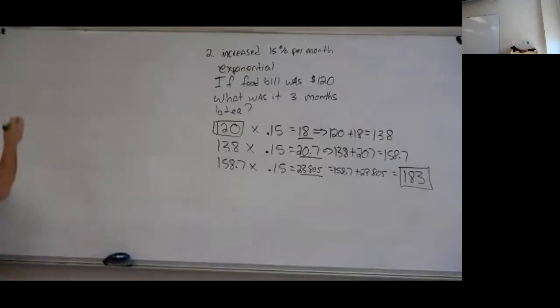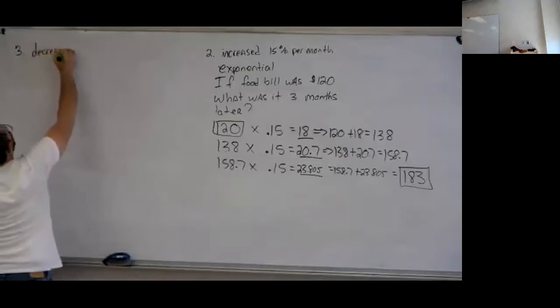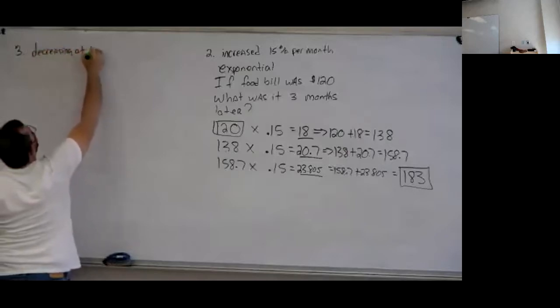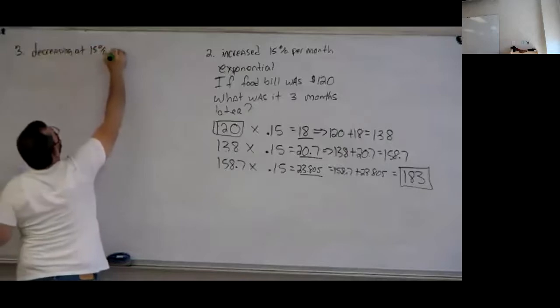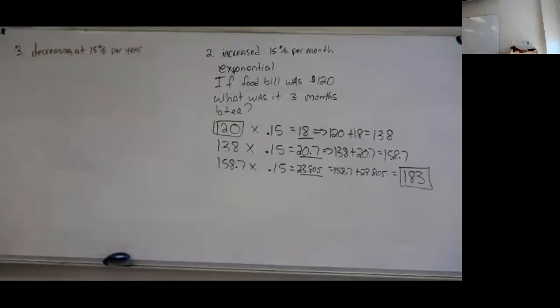All right, so let's see what this one is. The price of a computer component is decreasing at a rate of 15% a year. Would that be a decrease linear or exponential?